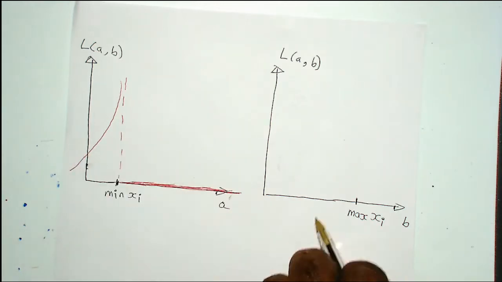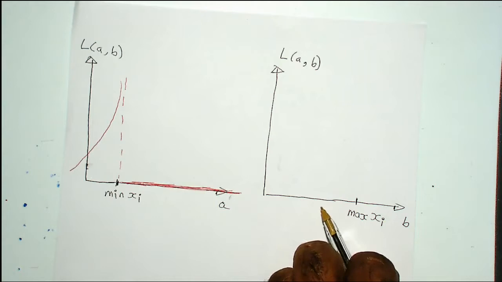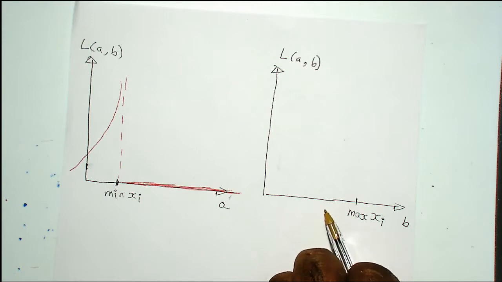Now let's look at this one, guys. Versus b, it says that b must be greater than or equal to the max of xi. But if b increases, the denominator increases, and 1 over the denominator will decrease. So this here is a decreasing function of b, right?